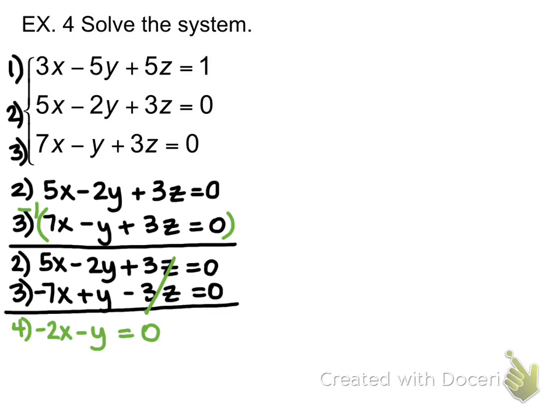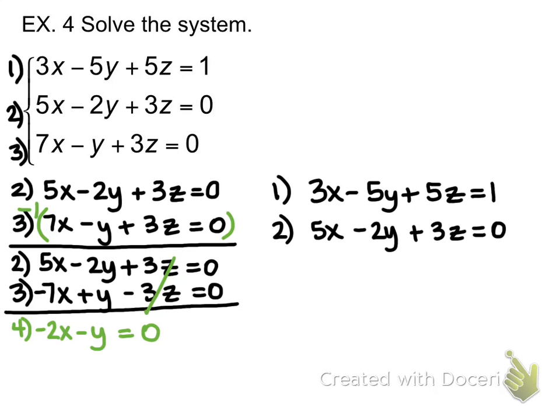Now I need to pick 2 other original equations and also get the z's to cancel. So I'm going to do equations 1 and 2. I always like to rewrite them first so I can see what I need to do to the equations. To get z's to cancel, I'm going to have to multiply both of these equations by something.